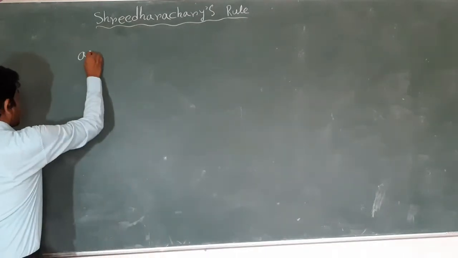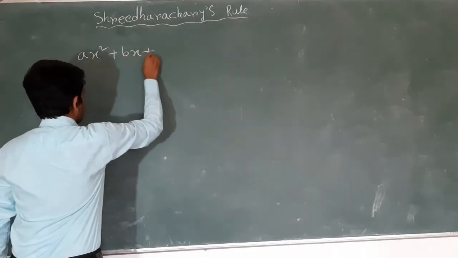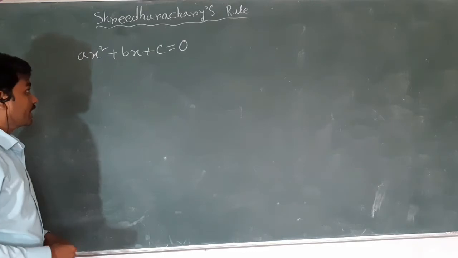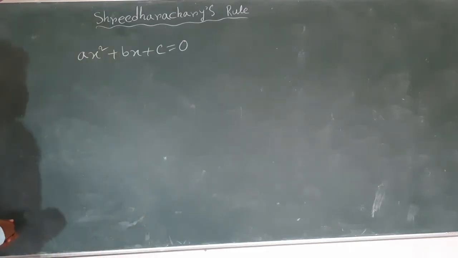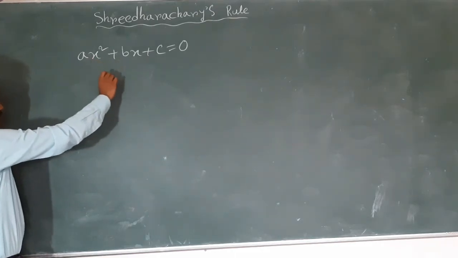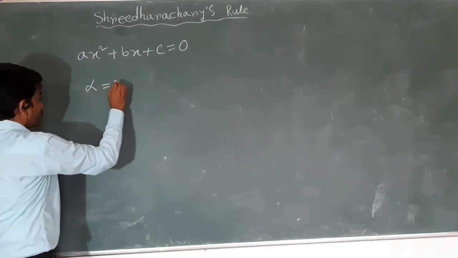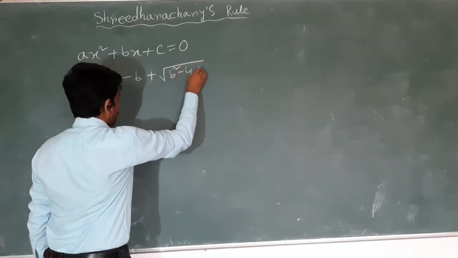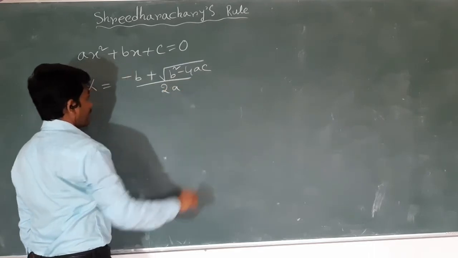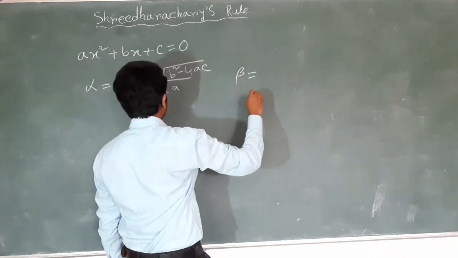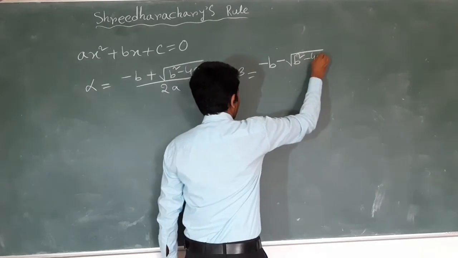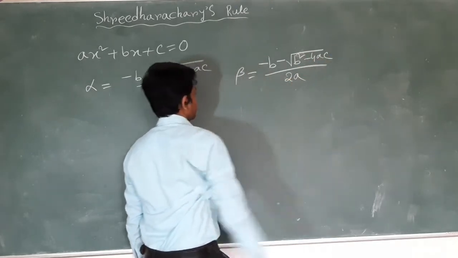If ax square plus bx plus c is equal to 0 is a quadratic equation, and a, b, c are any real numbers and a not equal to 0, then the roots of the quadratic equation given by the Siddharacharya rule are alpha is equal to minus b plus under root b square minus 4ac by 2a, and another root beta is equal to minus b minus under root b square minus 4ac upon 2a.